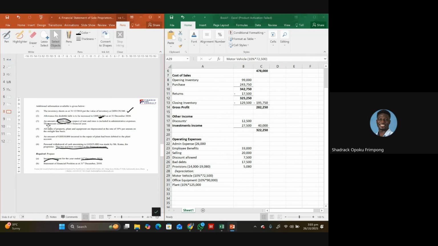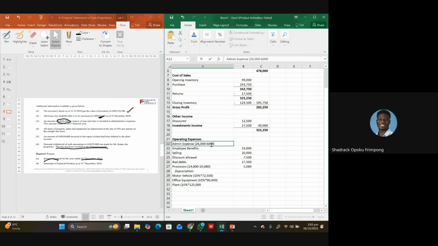So let's move on. The next one, an amount of 6,000 in respect of rent and rate is included in what? The admin. And this amount relates to what? The 2011 financial year. So what it means is that this 26,000 has to go down by 6,000.